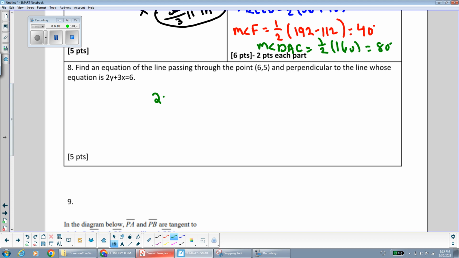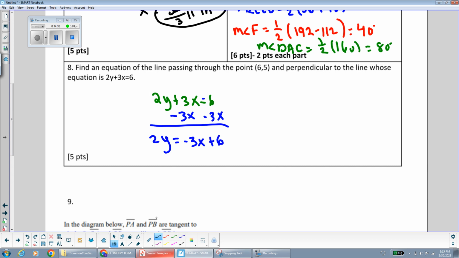Okay, here I'm going to take my line and solve it for y. And I can see the slope now pretty clearly.